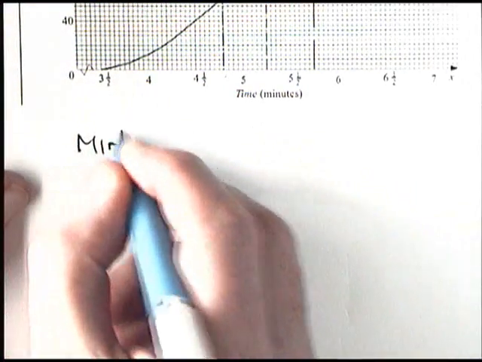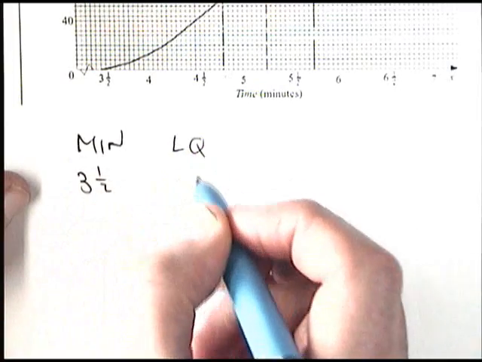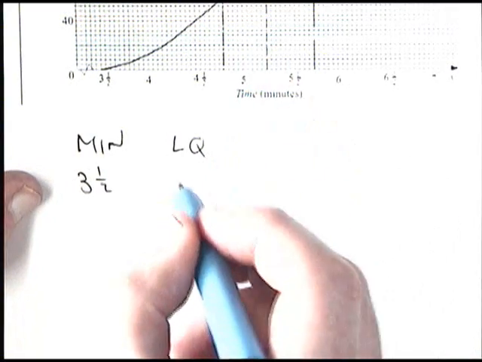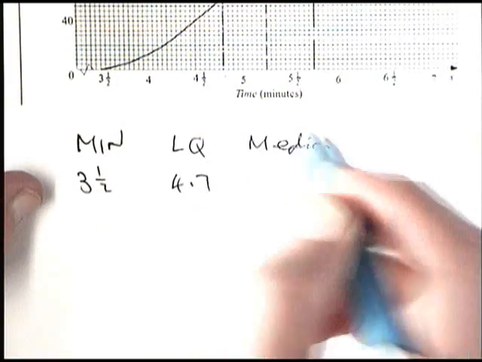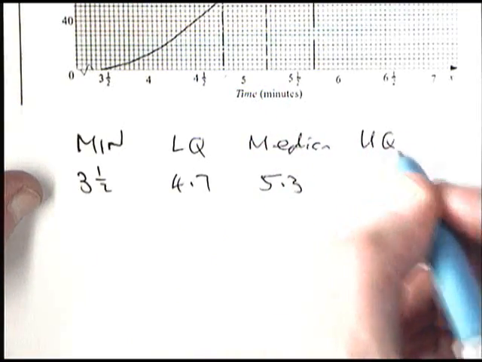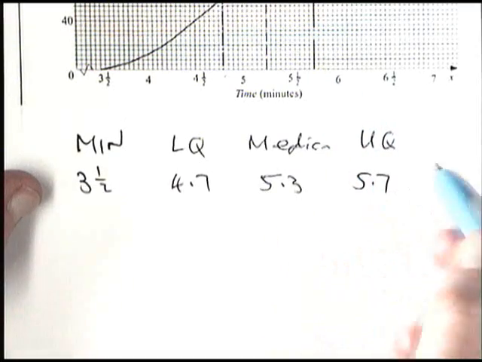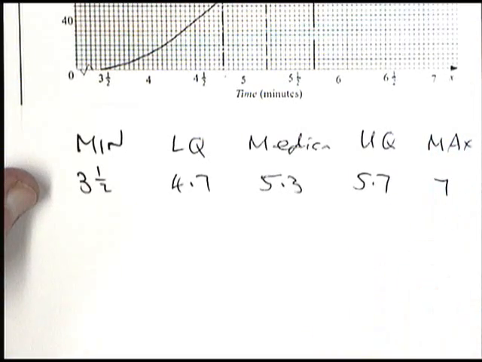We know the minimum time was 3.5 minutes. We know the lower quartile is 4.7 minutes. We know the median is 5.3 minutes. We know the upper quartile is 5.7 minutes. And we know the maximum value is 7 minutes.